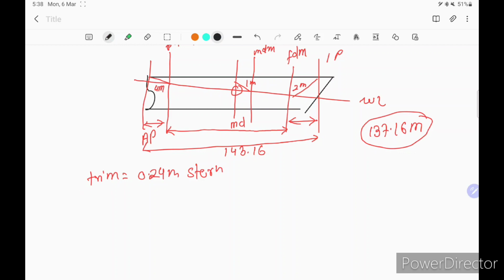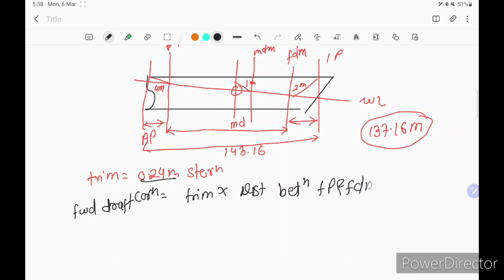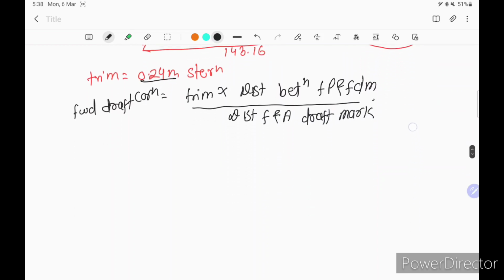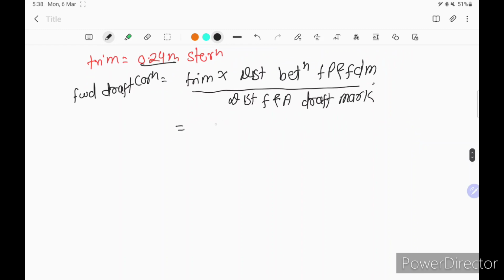So moving to the first, forward draft correction. So trim, which is here, into the distance between the forward perpendicular and forward draft mark, divided by the distance between forward and aft draft marks. Okay, so 0.24 into 2 divided by 137.16 is equal to 0.003 meters.